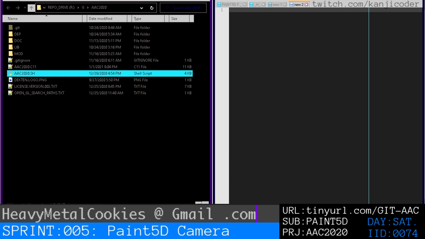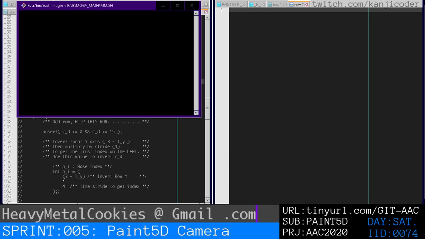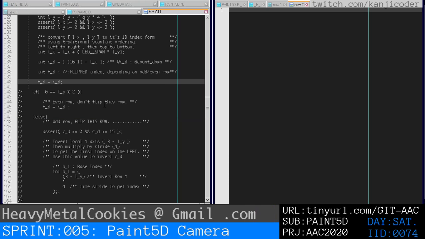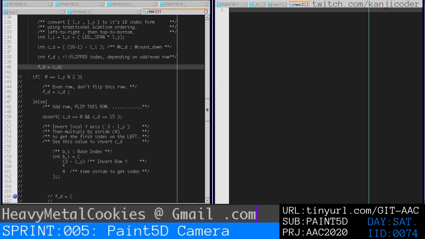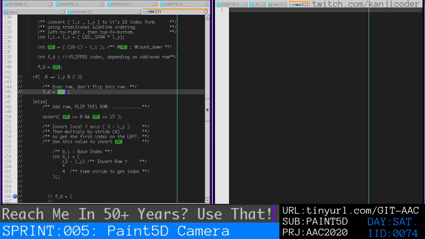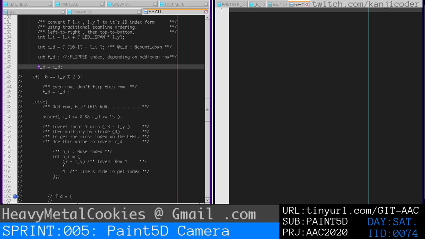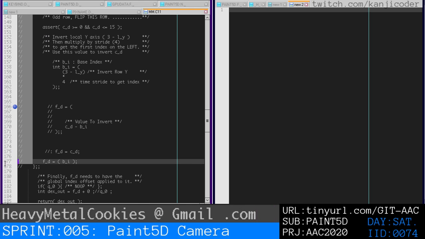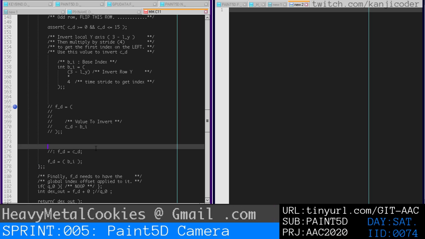So 15, 14, 13, 12, 11, 10, 9, 8, 7, 6, 5, 4, 3, 2, 1, 0, right? So that's correct. And then this FD equals CD and all this craziness seems like the LY modulus 2 equals 0 is kind of screwing us up here. It seems like it's wrecking more values than it should be.